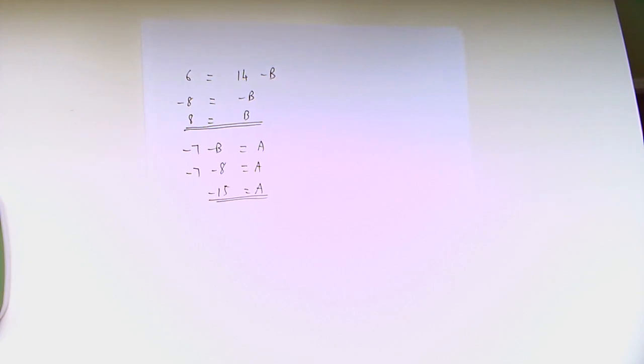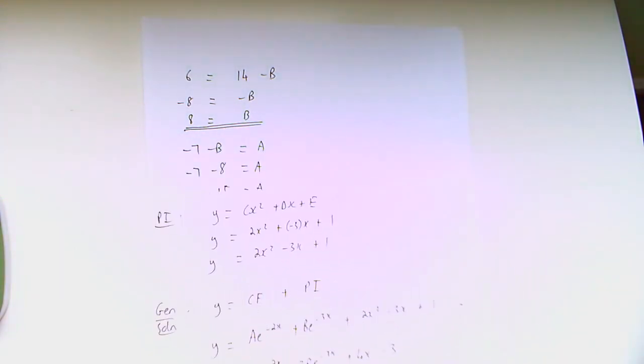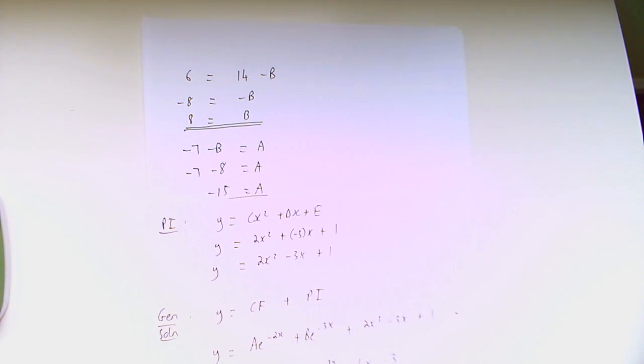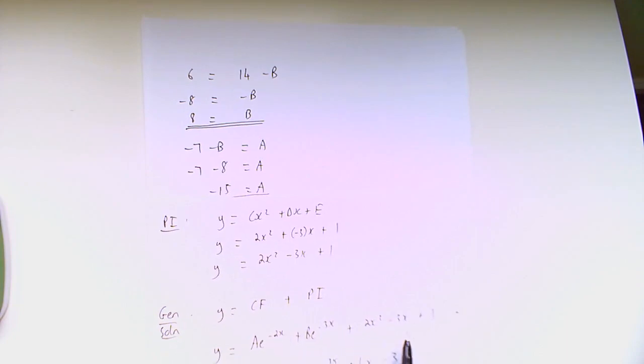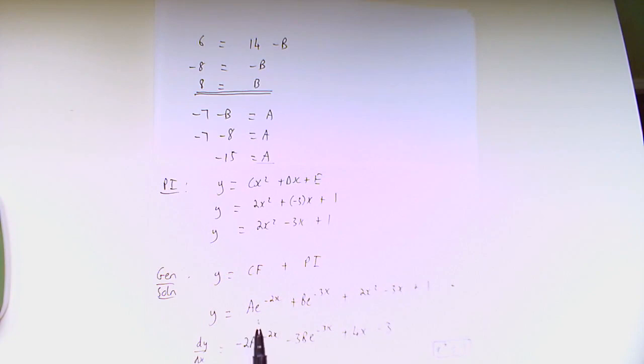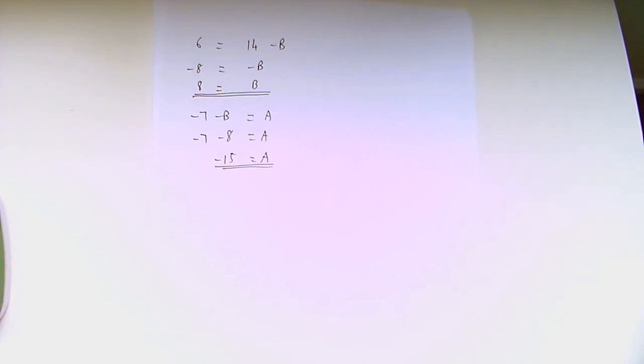So all I've got to do is substitute that back into the general solution. So my general solution, if we remember, is this thing here. Okay, general solution here. Now I know what a is, now I know what b is.